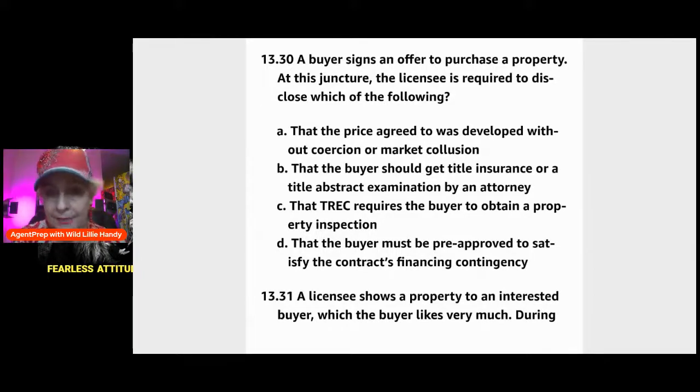We don't want to finance this house. So 30 is B, that the buyer should get title insurance or title abstract examination by an attorney.